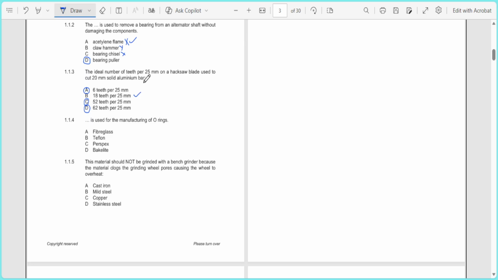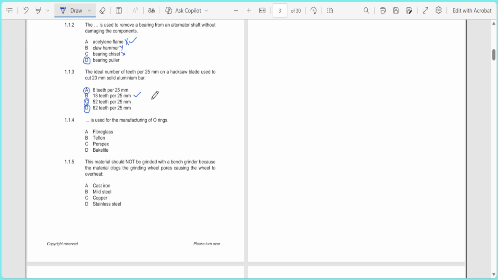This is somewhat ideal. Now, for A, the 16 teeth per 25 millimeters is too small and would cause the hacksaw to snag and tear the soft aluminum material. Now, what about C?